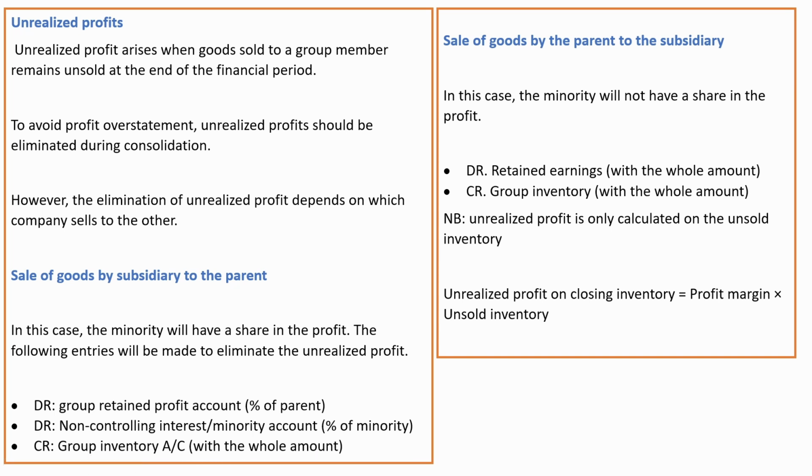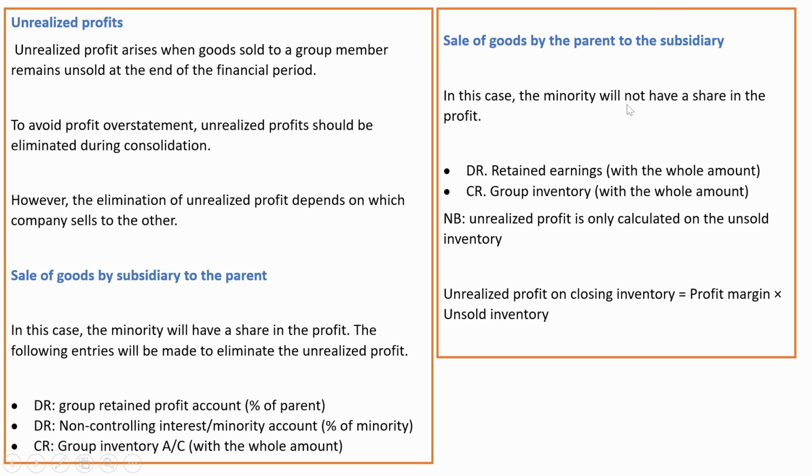That is, if the sales were made by subsidiary to the parent, but if the goods were sold by parent to the subsidiary, the profit is made by the parent, which means the minorities have no share in that unrealized profit because minorities are in the subsidiary, not in the parent.